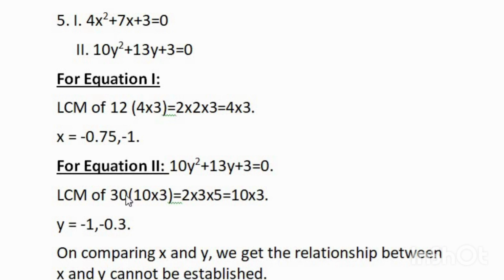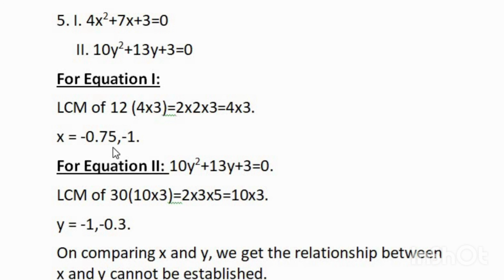Now you have the values of x and y. Comparing minus 0.75 and minus 1, minus 0.75 is greater, that is x is greater. Minus 1 and minus 1, both are equal, x is equal to y. Now comparing minus 1 and minus 0.3, minus 0.3 is greater, that is y is greater.